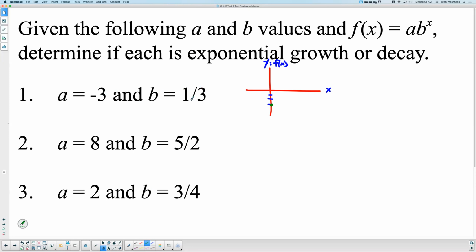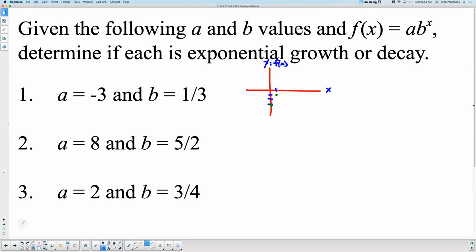Now the 1/3 is what you do to the number each time. Now, what am I doing? Am I adding, subtracting, dividing? You're multiplying. So if I multiply by 1/3, when I go over 1 unit here, what is -3 times 1/3? -1. It'd be right there.